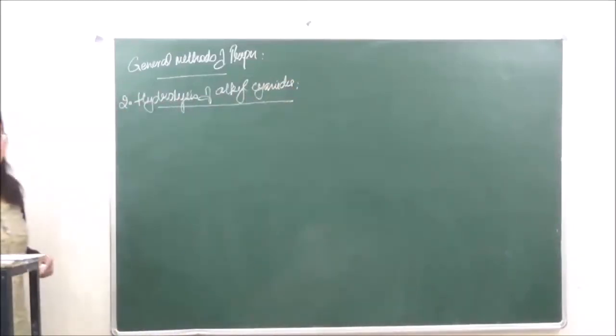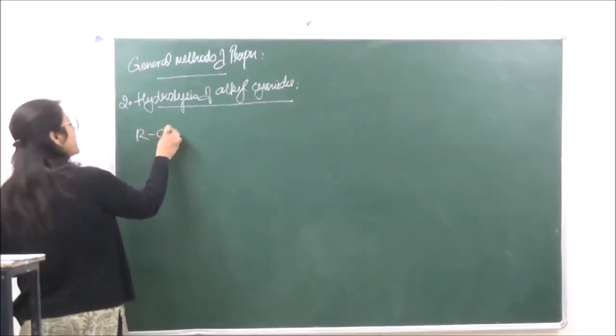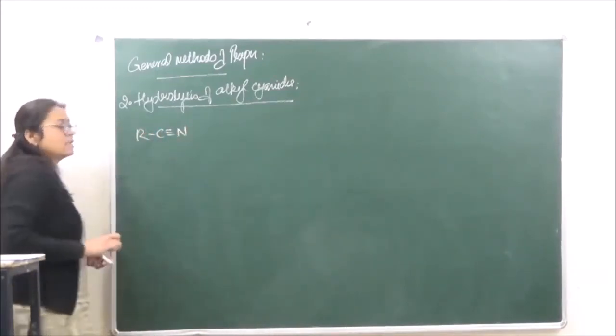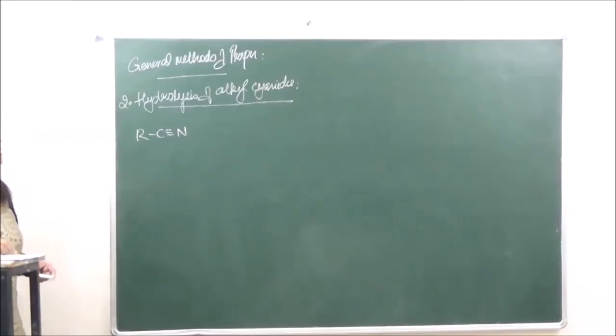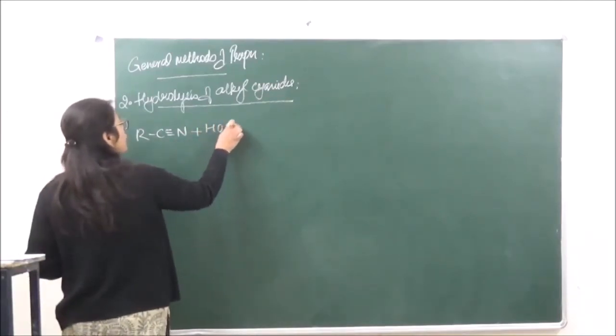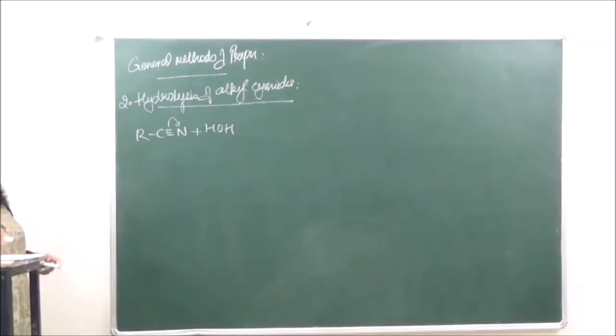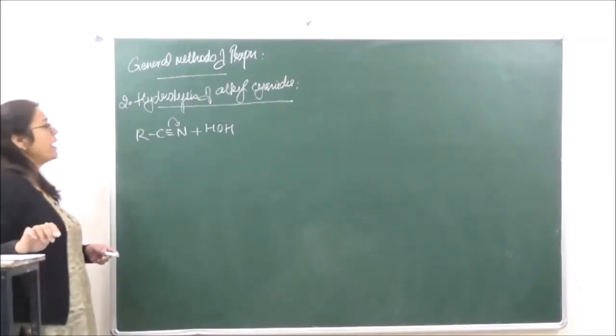Hydrolysis of alkyl cyanides. Now in this case, alkyl cyanides have the functional group C triple bond N. Now in case we are adding water to it, you know that the lone pair of electrons will shift towards nitrogen because of its high electronegativity.